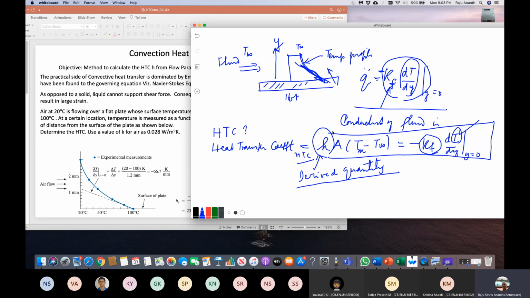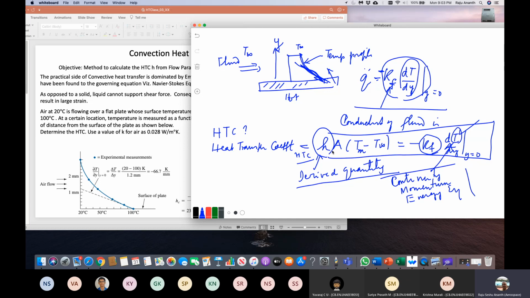Typically to do this problem, I need to solve the fluid problem: the continuity equation, the momentum equation, and the energy equation. So I need to solve them to really get the temperature profile and get this quantity.